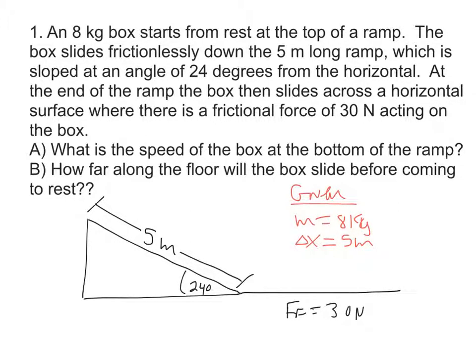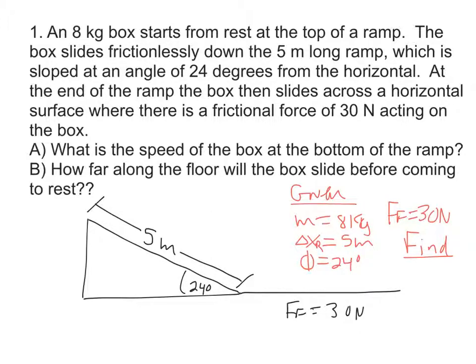We know that the angle is 24 degrees, since it is an angle of incline. And we know that the frictional force is 30 newtons. I'm calling this delta x for the ramp.